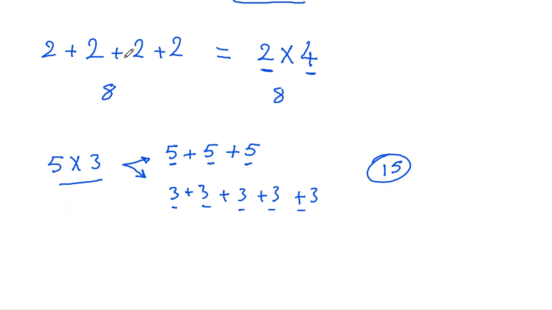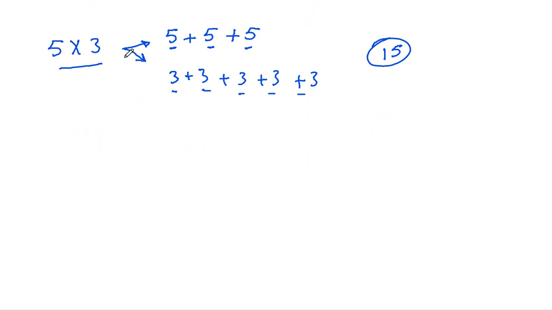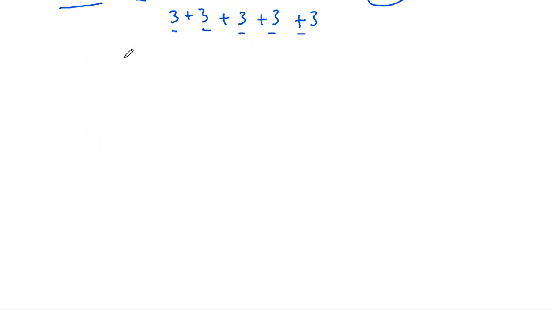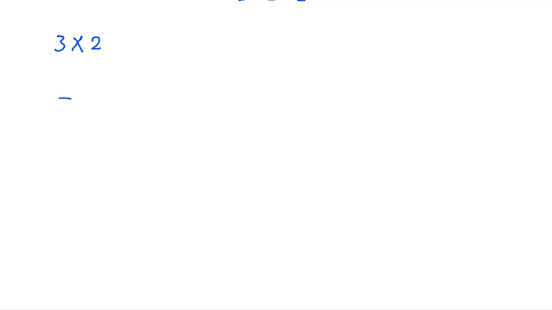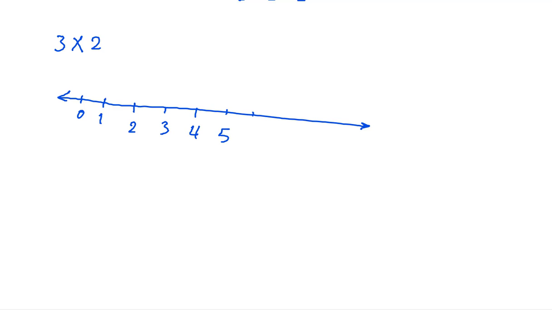Now the second thing that we know is how to use multiplication on the number line and how to represent multiplication using arrays. So if we have a number line and we need to multiply 3 by 2, we can use the number line, and the number line is numbered from 0 and going on, 1 2 3 4 5 6.